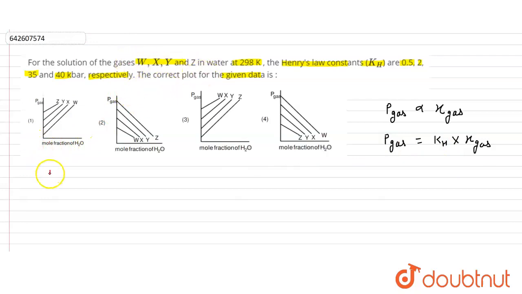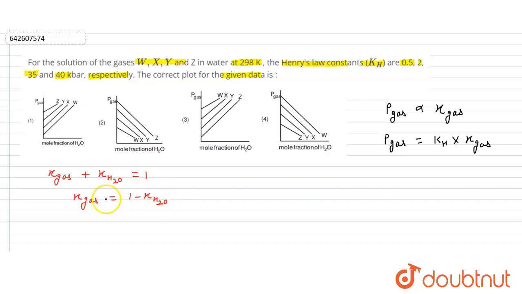If I write the mole fraction of the gas plus the mole fraction of water, H2O, it equals 1. So the total mole fraction is always 1, and the mole fraction of the gas comes out to be 1 minus the mole fraction of H2O.